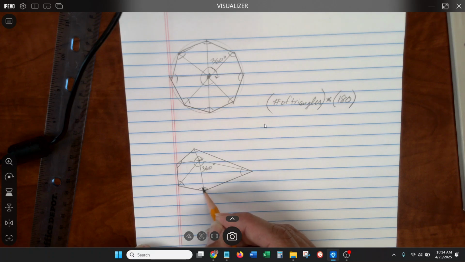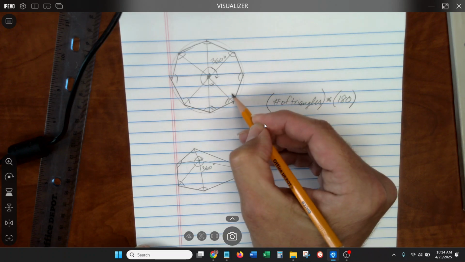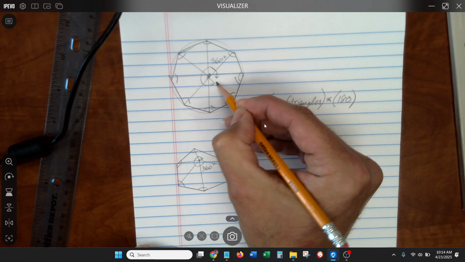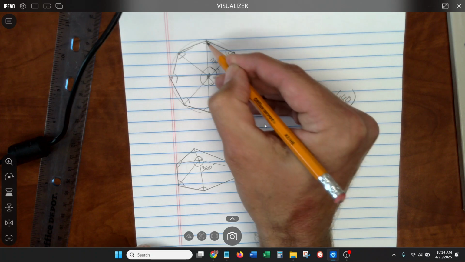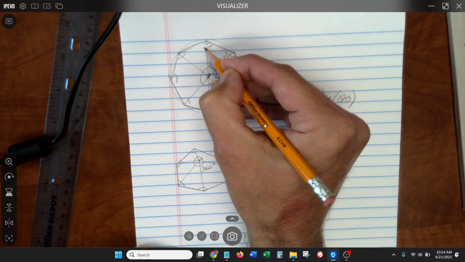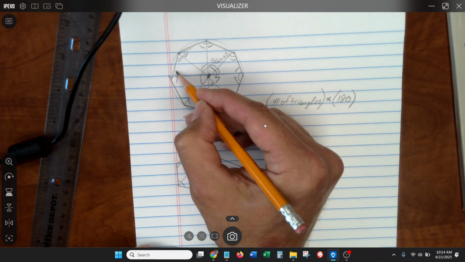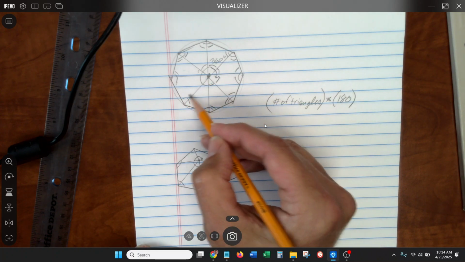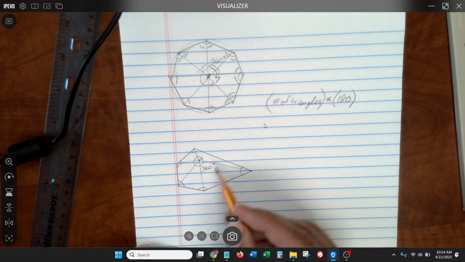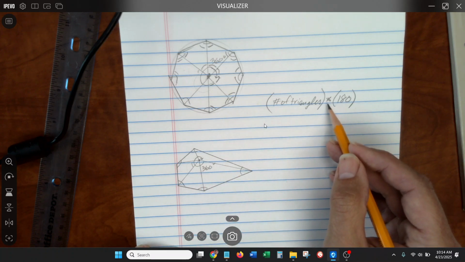That is, we get this angle plus that angle plus that angle, all the way around. It gives us basically 180 times however many triangles there are. We're adding up all these angles, and that's true whether it's a regular polygon or an irregular polygon.